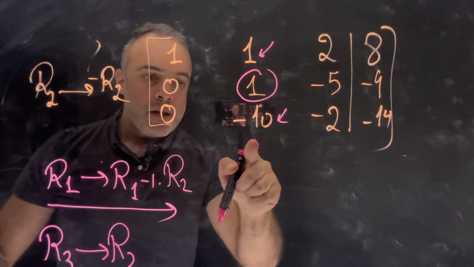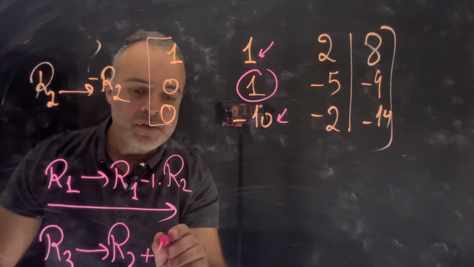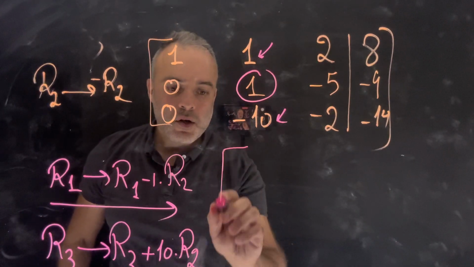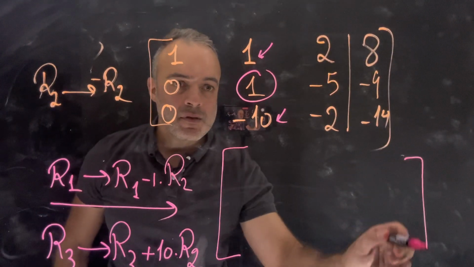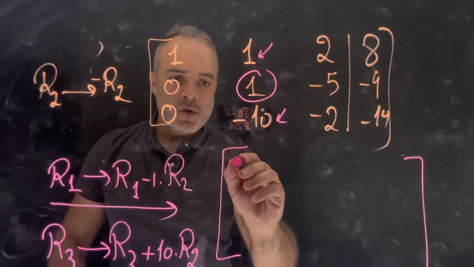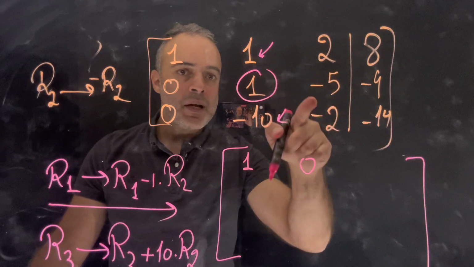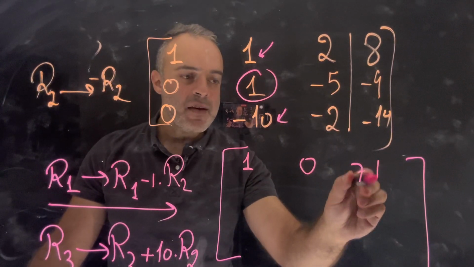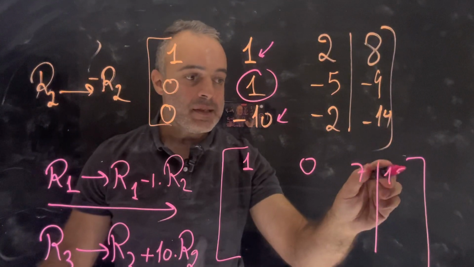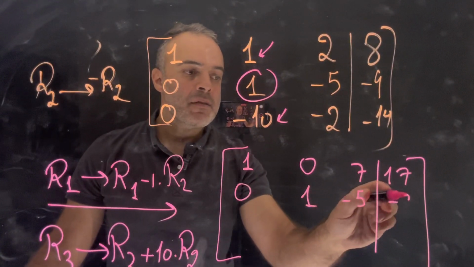The number I convert into 0 is -10, so it becomes +10 times R2. And the corresponding matrix becomes, so R1 minus R2, 1 minus 0, that is 1. 1 minus 1, that is 0. 2 minus -5, that is a +7. And 8 minus -9, that's a 17. R2 remains as is.